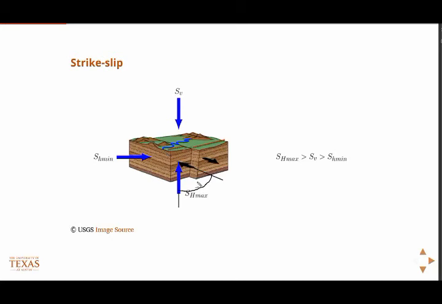So I tried to show that. But SH min and SH max are not necessarily along, parallel to the fault line. So they cross it at some angle in a strike slip scenario.